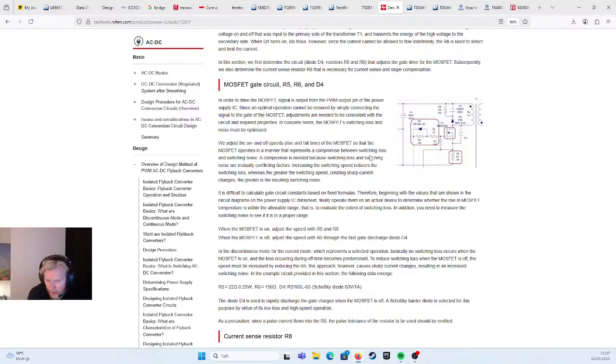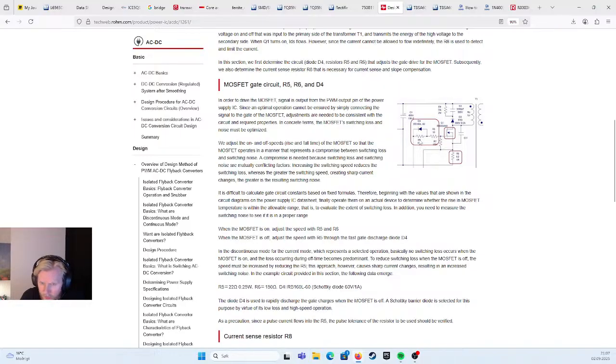So R5 and R6. These two, when the MOSFET is on, adjust the speed with R5 and R6.